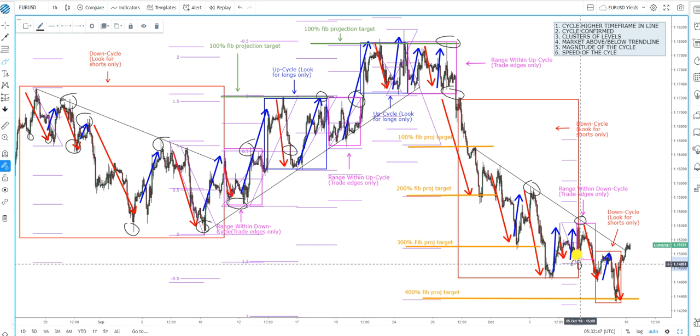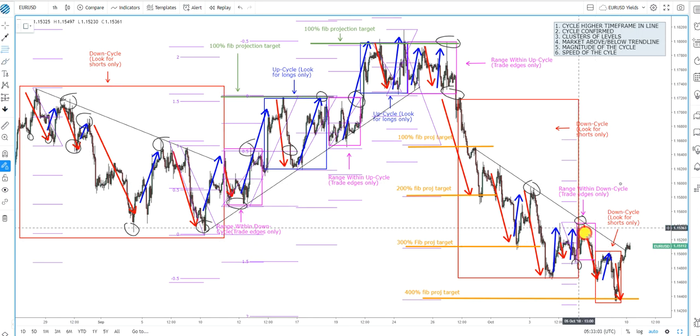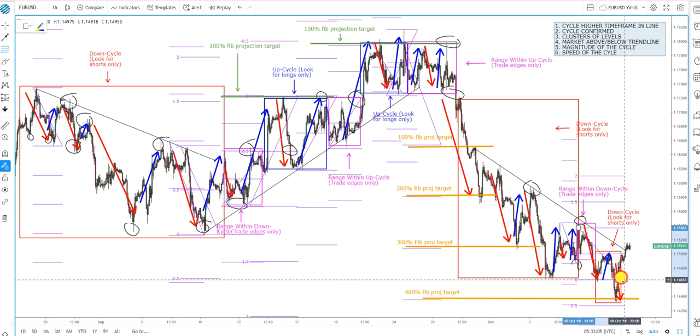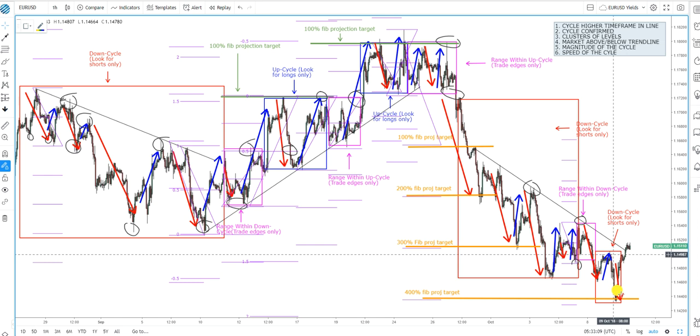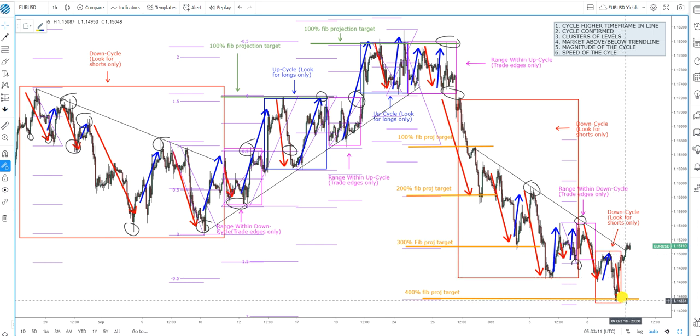So that's why whenever we then break the 50% retracement, that's when the range is being confirmed. But notice how we break outside of the range, and then we have a retracement, and this retracement makes it just to the tick to the 50%. So what do we do? We validate this high and then this new low, and the cycle continues lower.